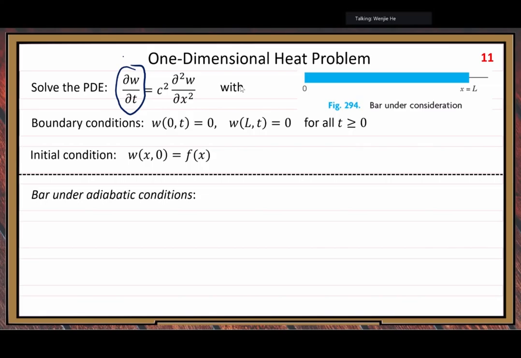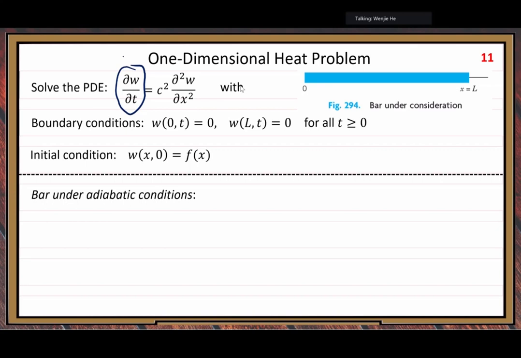Next, we consider a variation of this heat equation, a slightly different version of the typical heat equation. The difference is in the boundary condition.